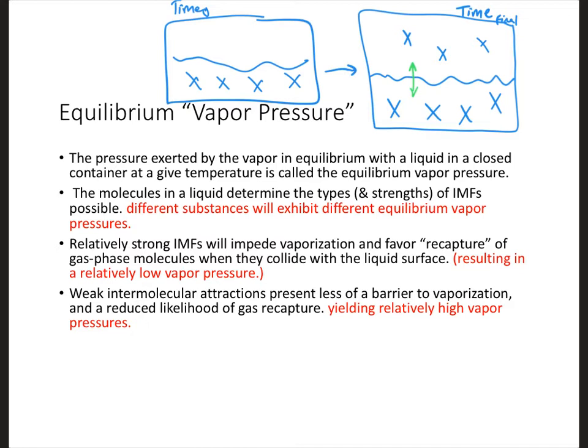So the ratio of the molecules in the gas phase to the molecules in the liquid phase is going to depend upon the substance. Water, for instance, has a specific value associated with its vapor pressure. That value is talking about how many molecules are in the gas phase versus how many are in the liquid phase.